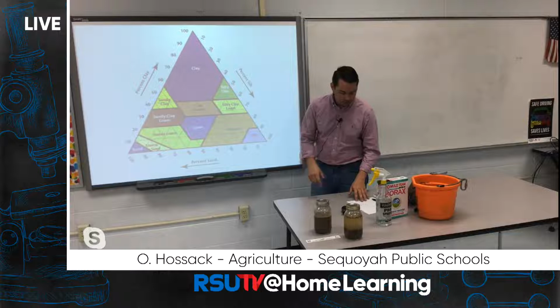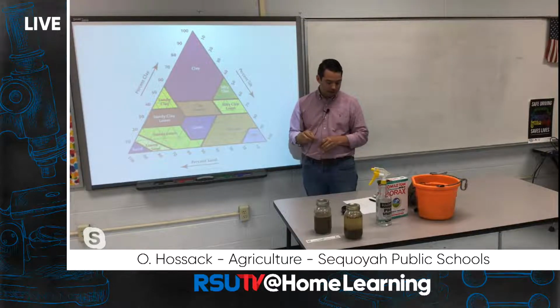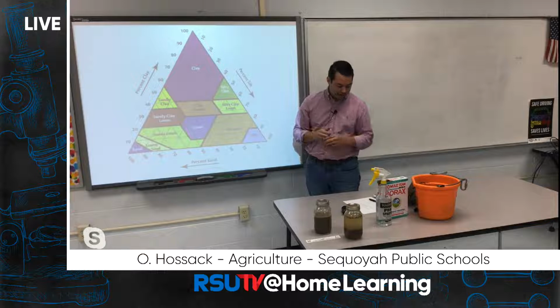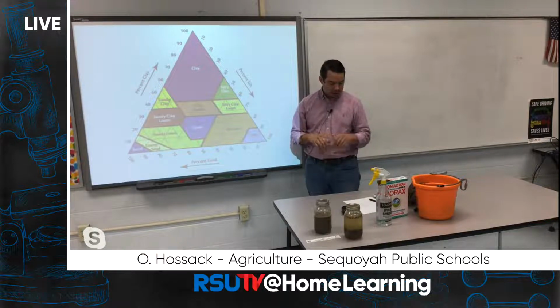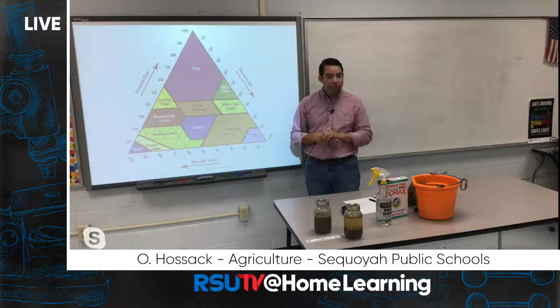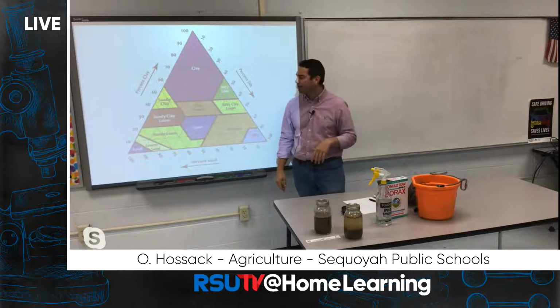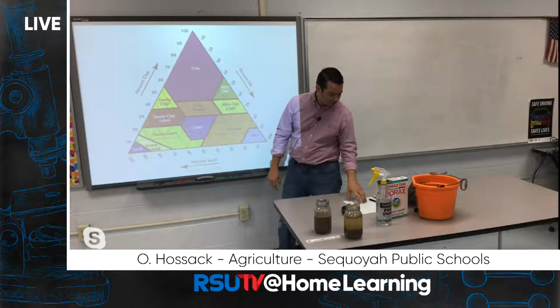Okay, and so I took the measurements on that. We had 150 millimeters of sand, 370 of silt, and we had 60 millimeters of clay. And so that ends up being about 25% sand, 65% silt, and 11% clay. And I used some rounding. We actually ended up with like 99 point something. Math, it's tough. Especially for an ag teacher.